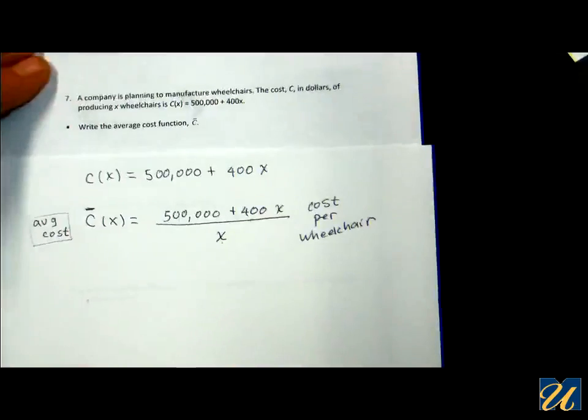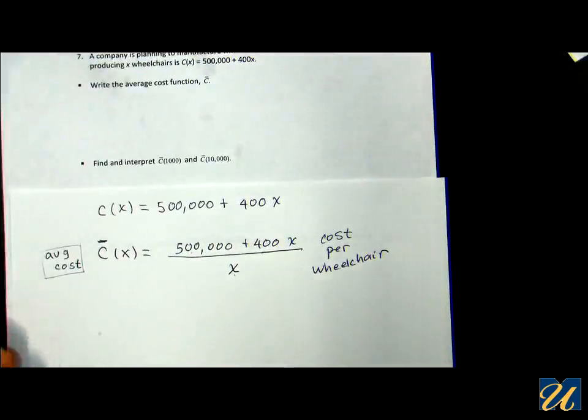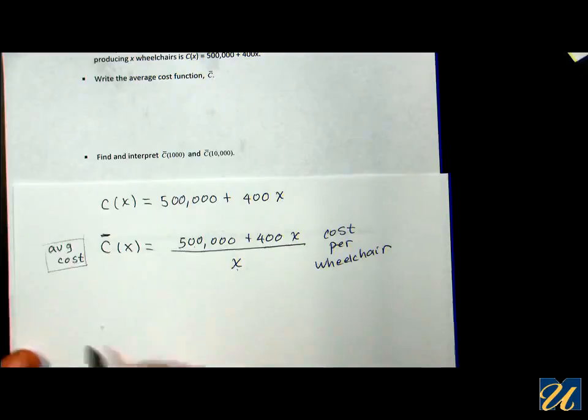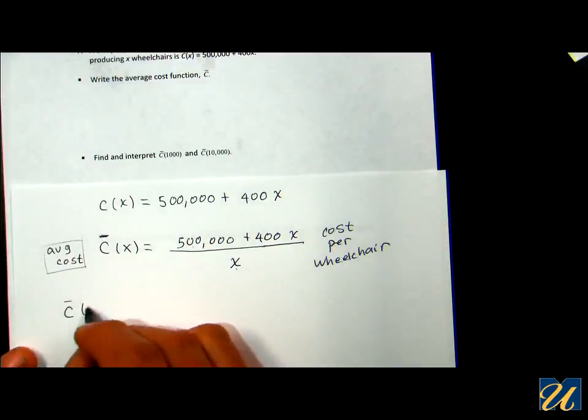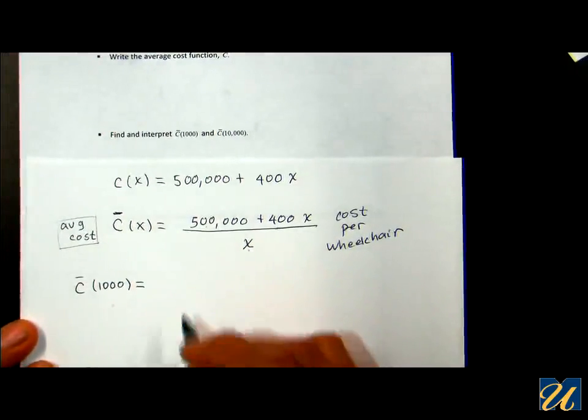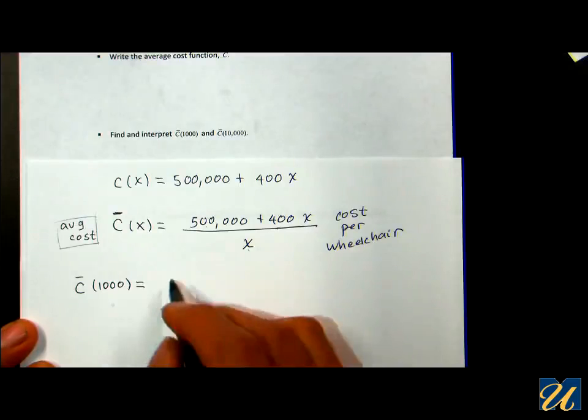Okay, what else do we need to do? Find and interpret C bar of 1,000 and C bar of 10,000. So this is finding the y coordinate, but it's an application, so we'll have to consider what that means.